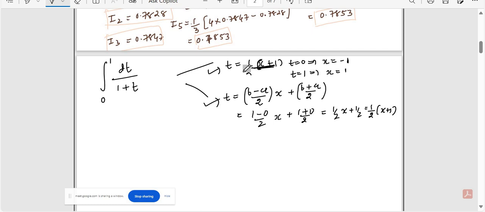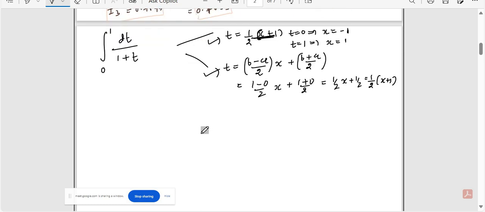So instead of t, now we have to put half of x plus 1. Let me explain our example. Are these two ways clear, everybody? Okay, so now I start with that example.